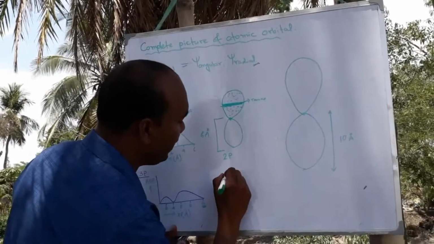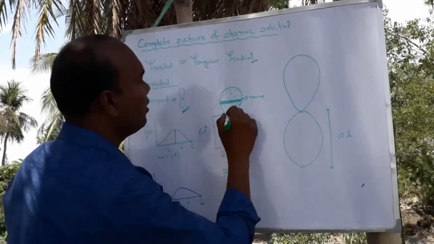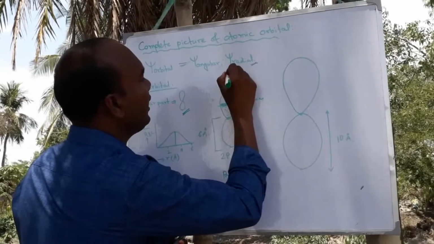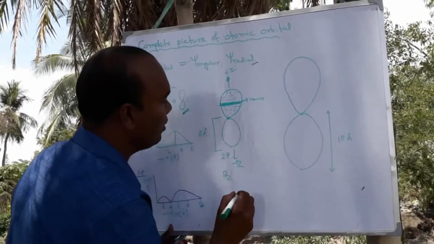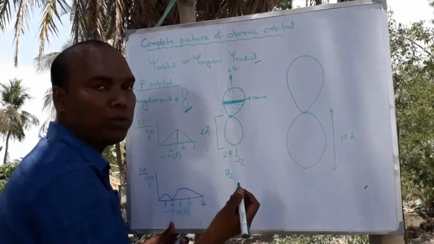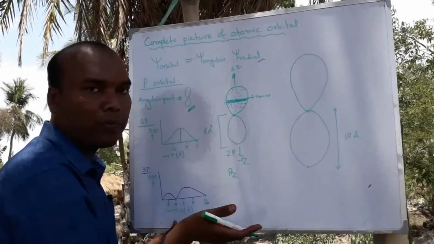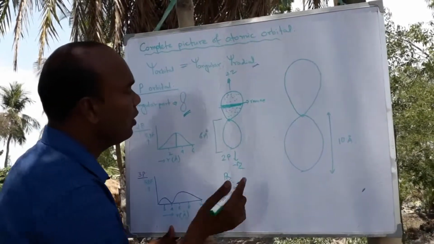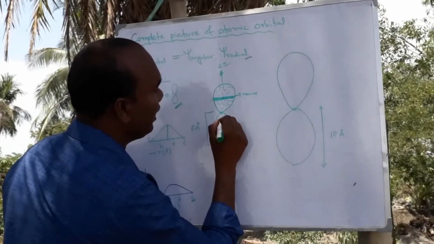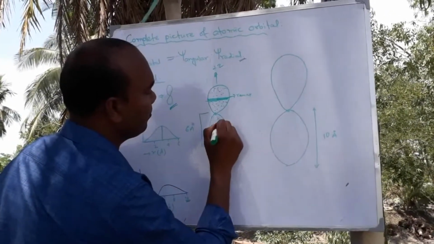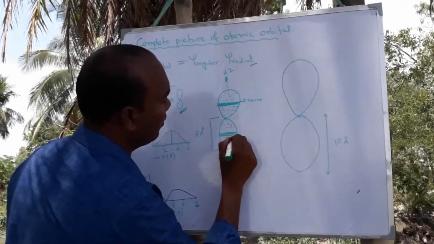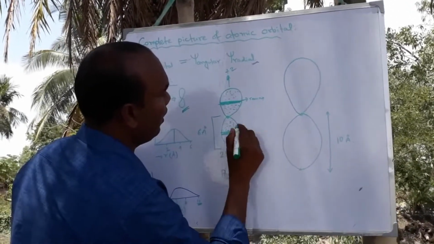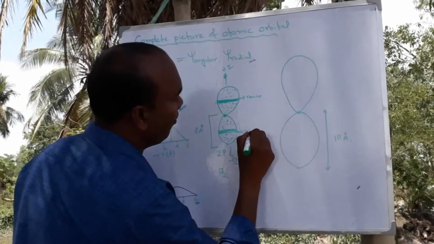If this is pz orbital, then this is your plus z axis and this will be your minus z axis. In a similar way you can also find this electron along the minus z axis. So along that axis the electron distribution will be like this. Here, and this is also your Rmax.